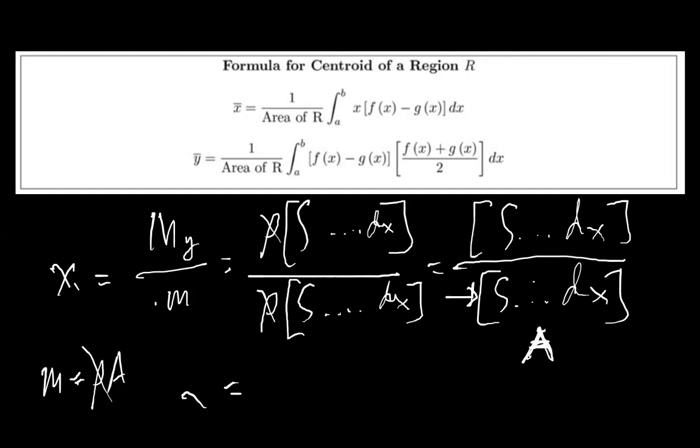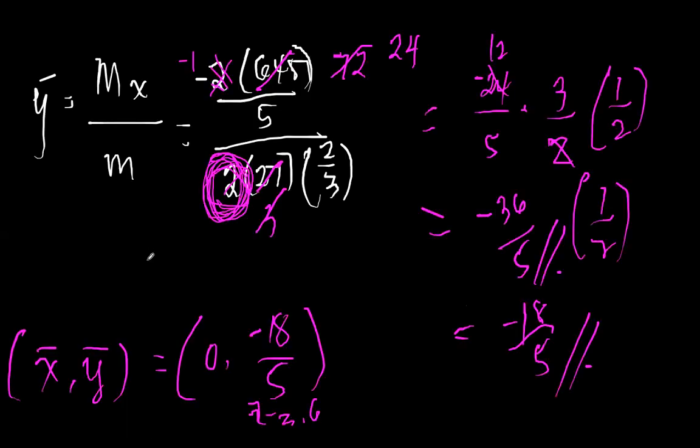So therefore, sorry, this is x bar. X bar, okay, is just equal to the integral of x, sorry, x for the m sub y. Wait a minute, guys. Oh, sorry.